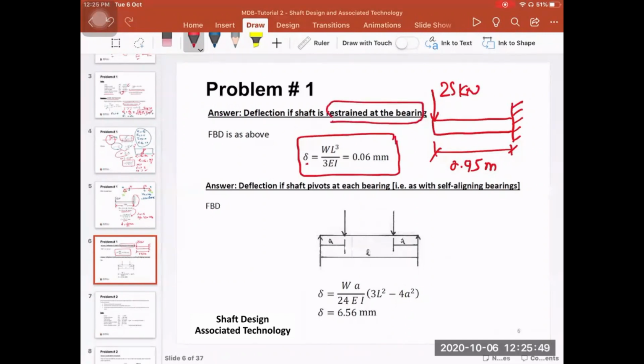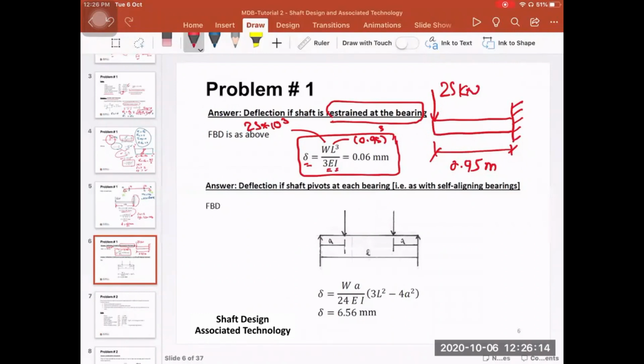So the maximum deflection is W, which is the force. In this case, it is 25 times 10 to the power 3. Then multiplied by the length, 0.95 cubed. And then here divided by 3, multiplied by the elastic modulus, multiplied by the moment of area.